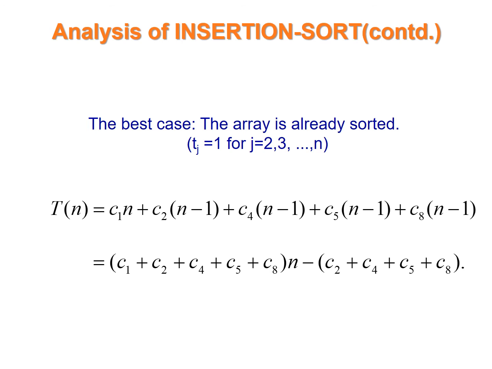T of n equals C1 n plus C2 times n minus 1 plus C4 times n minus 1 plus C5 times n minus 1 plus C8 times n minus 1. Taking the common factor, this is a times n minus b, a linear function of n.